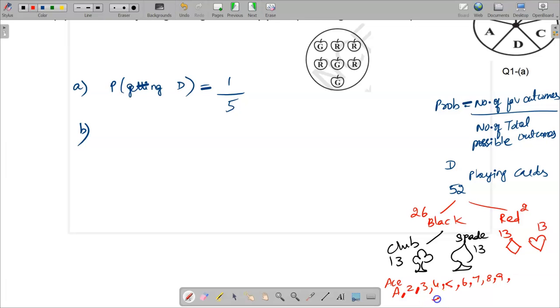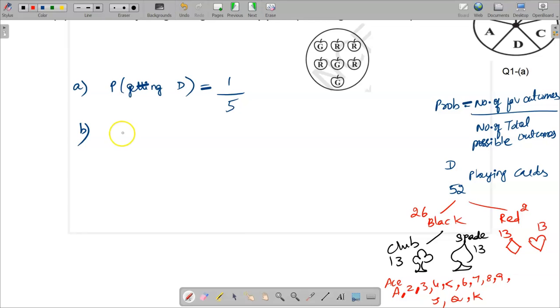Apart from that I have Jack, Queen as well as King. So these are all the 13 cards available in each of the 4 shapes. In club I have an ace, in spade I have an ace, in diamond also I have an ace, in heart also I have an ace. So totally how many aces will be there out of 52 cards? 4 aces will be there.